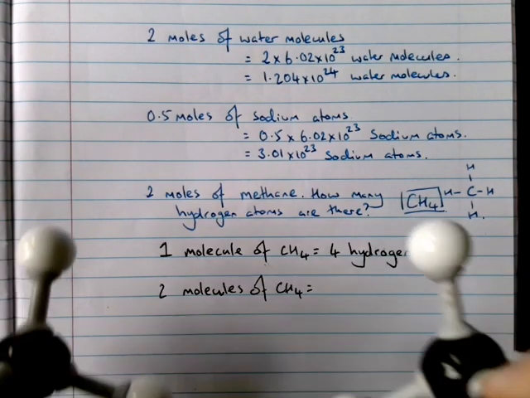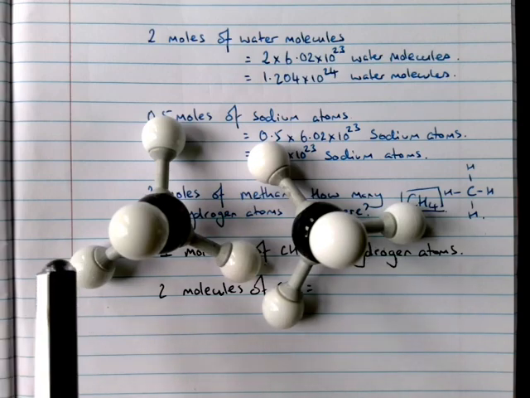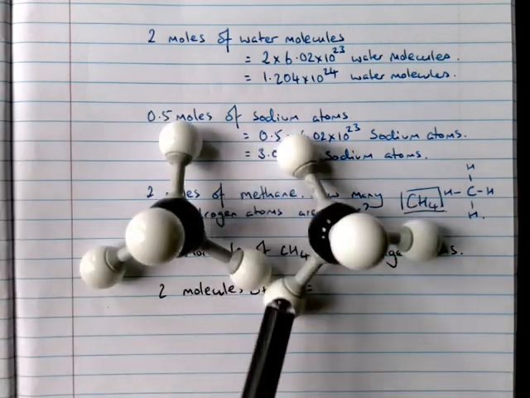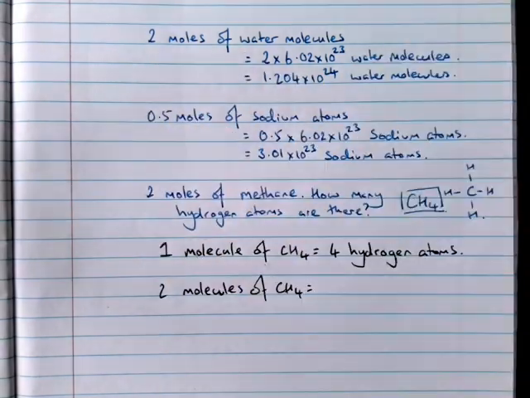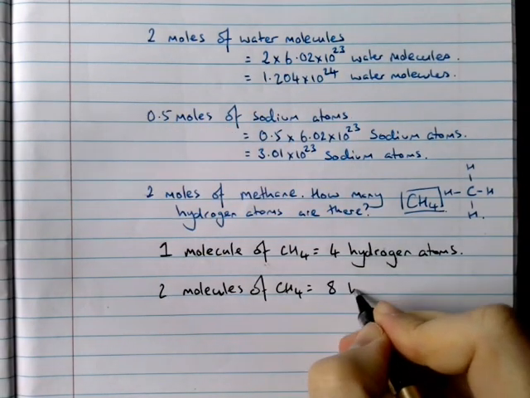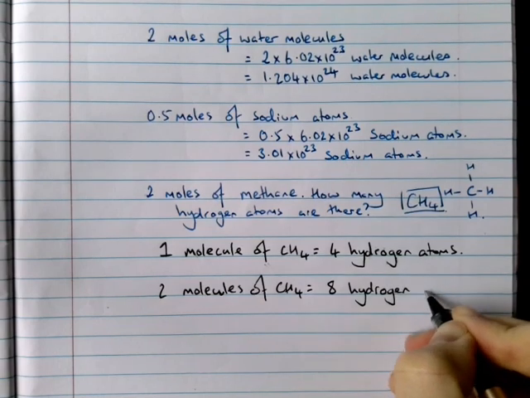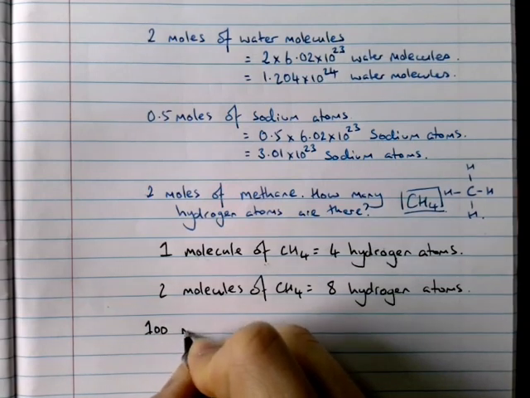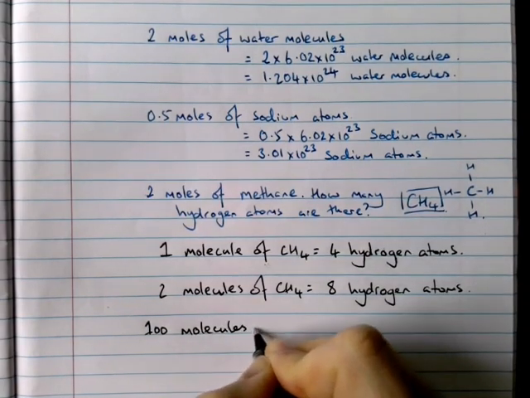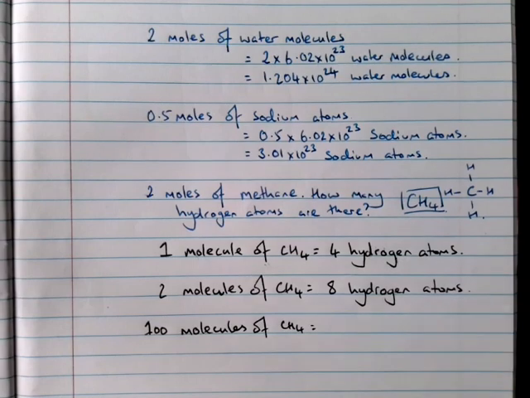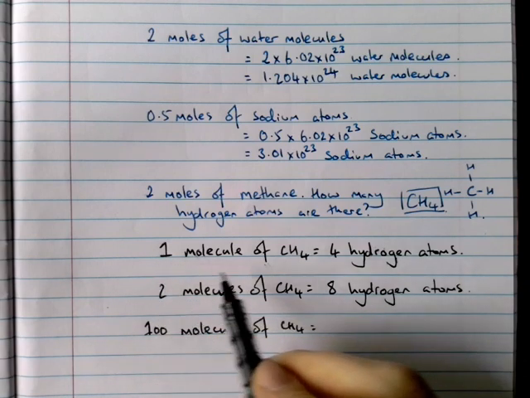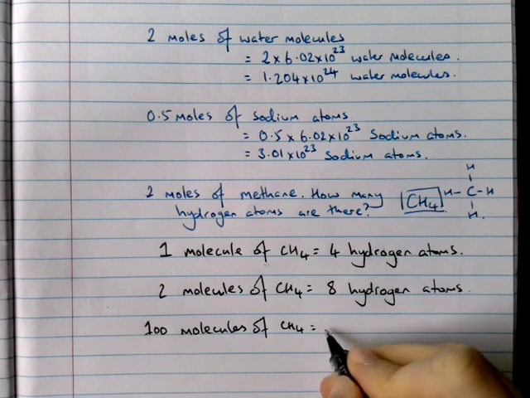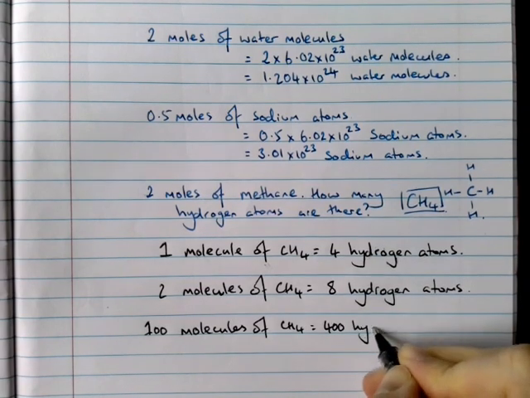Well, if I've got 2 molecules, I've got 1, 2, 3, 4, 5, 6, 7, 8 hydrogen atoms. Okay. And then let's suppose I have 100 molecules of CH4. How many hydrogen atoms would I have? Well, I haven't made 100 molecules of CH4, so we just have to work it out. I know that if I've got one molecule, that's 4 hydrogen atoms, so 100 molecules will be 400 hydrogen atoms.